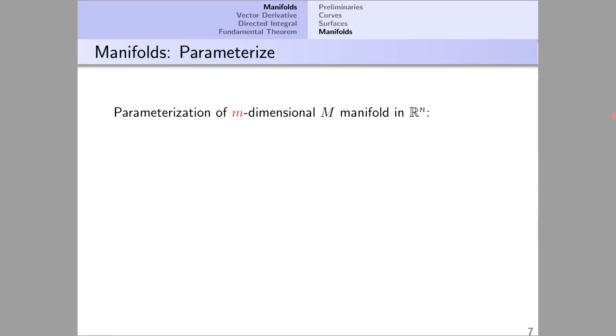Finally, let's turn to the general case, the parameterization of an m-dimensional manifold in Rn. Here's the parameterization. We need a parameter space, A, which is a subset of Rm, again, because we're parameterizing an m-dimensional manifold. We need a function x from the parameter space A to the manifold.